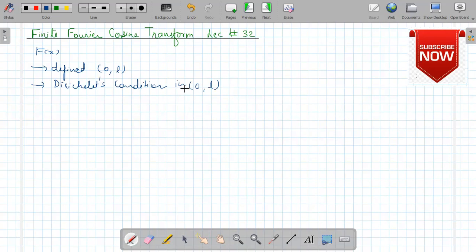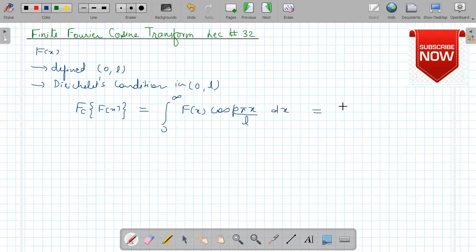In that case, the finite Fourier cosine transform of the function f(x) is denoted by Fc of f(x), and it is defined as integral 0 to infinity f(x) cos(p pi x upon L) dx.